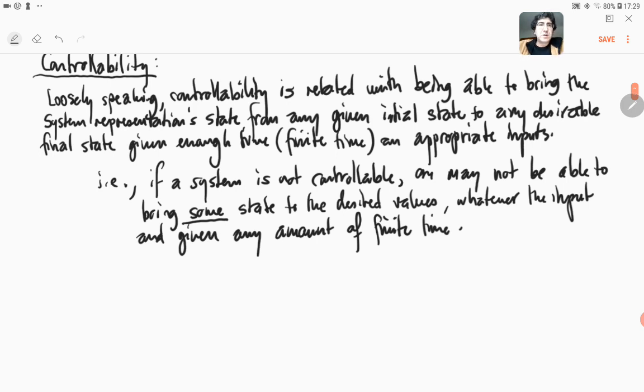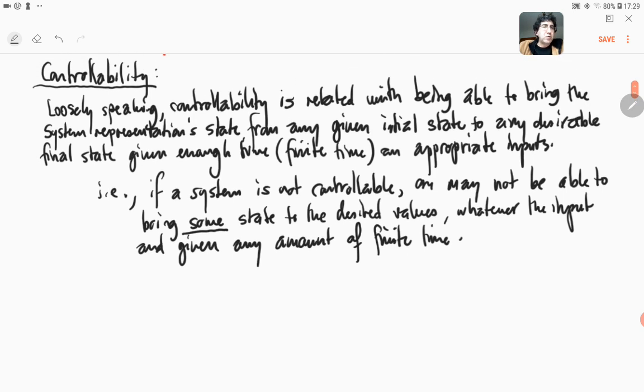So let's sit back and think about what this means. It means that this is related with the effect of the input on the states. So how we can affect the states by using the inputs, but it also relates with the interrelation of the states with each other. Because you can affect some of the states by the inputs, and those states might affect other states, so eventually you might be able to access all the states by using the inputs.